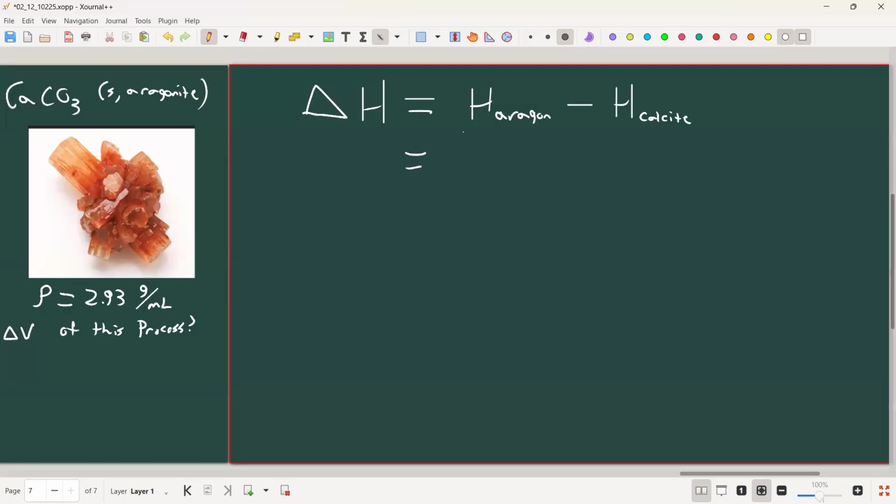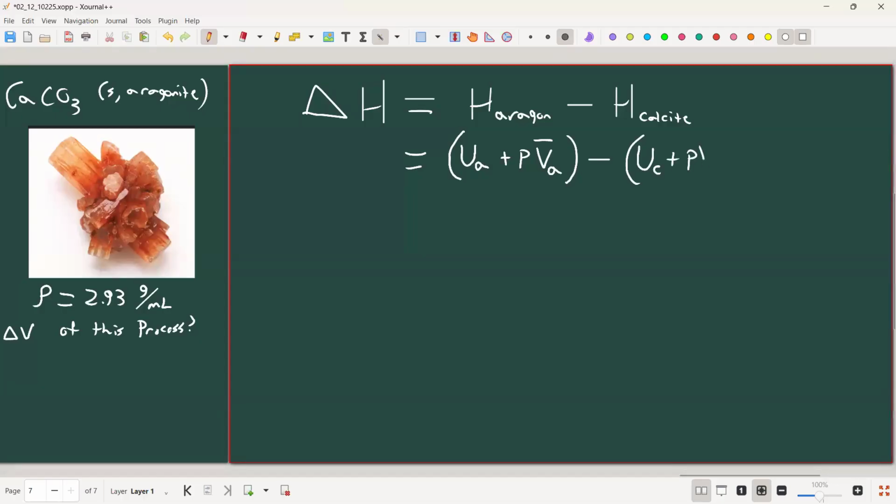By definition, this is going to be the total energy of aragonite, which I'm going to write as A, plus P times the molar volume of A, minus the energy of calcite plus the pressure of the system times the molar volume of calcite.